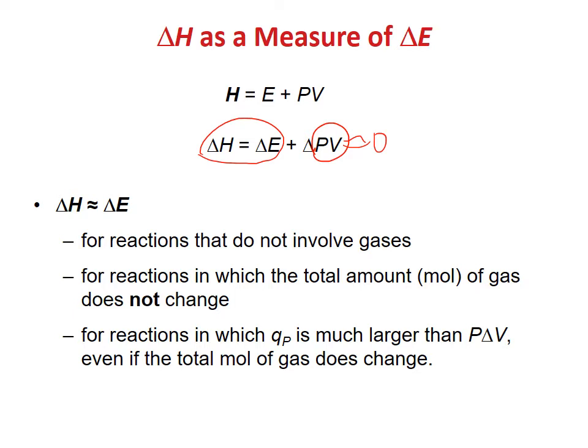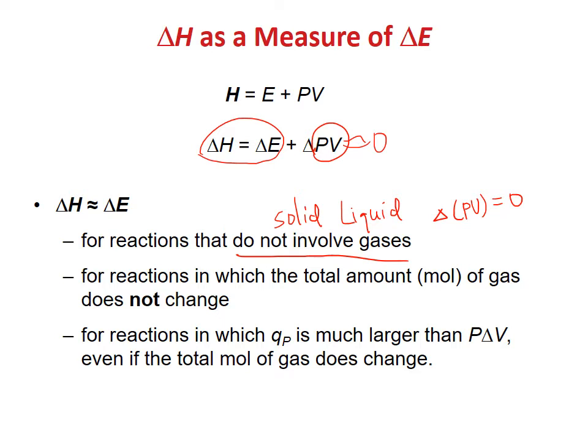For reactions that do not involve gases, only solid or liquid, the volume does not change. Because volume doesn't change, the PV product doesn't change. That's 0, and therefore delta H equals delta E.